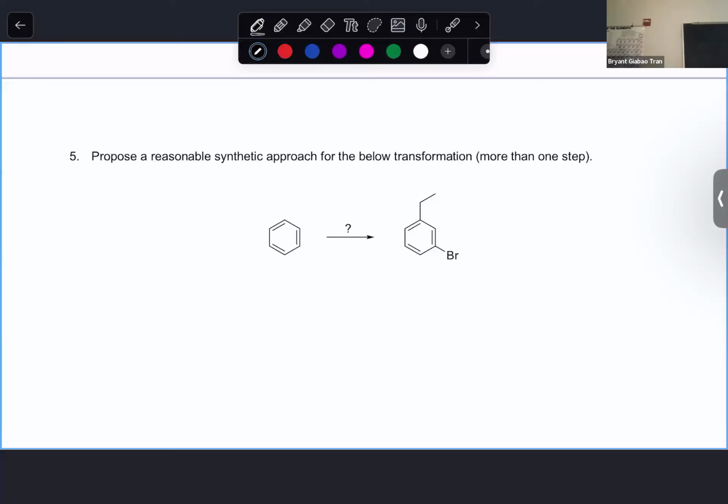Because that carbonyl made that group an EWG, but when we reduce it, it becomes an EDG because it became an R group. The same as NO2 to NH2. NO2 is an EWG. We could reduce that to an EDG by making it into NH2. So let's try this.